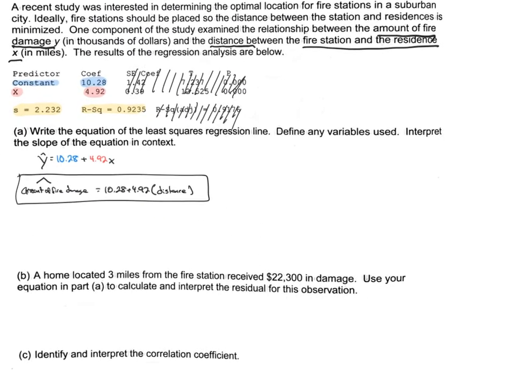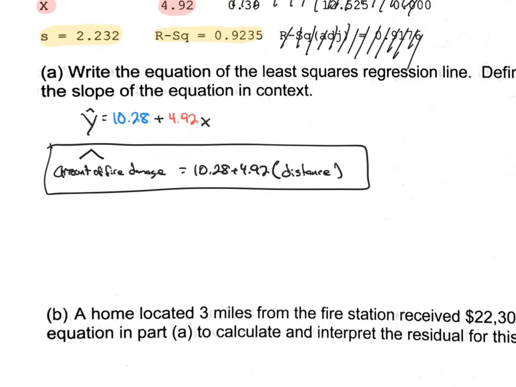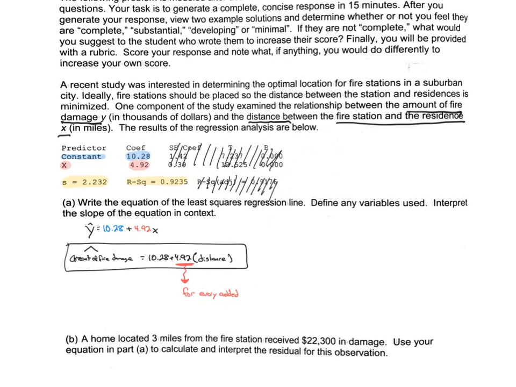The second part of the question is interpret the slope of the equation in context. This is the slope, that number right there. So in context, we'd say for every added, and what did they measure distance in? In miles.